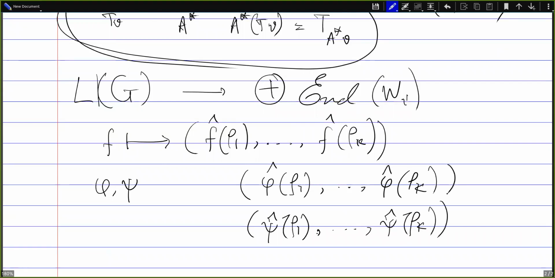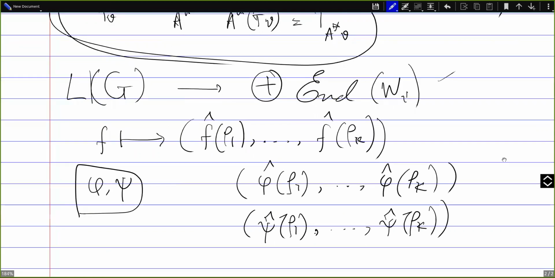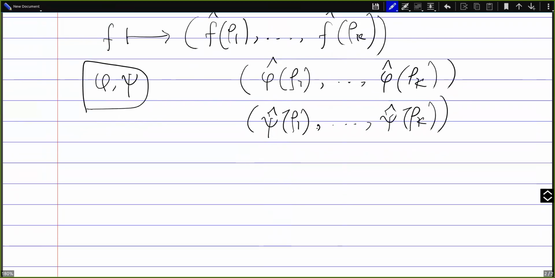These are tuples in this direct sum of endomorphism algebras. So the Plancherel theorem will now talk about inner products. What I mean is that the Plancherel formula will show how to get the inner product of phi and psi from the Fourier transform of the maps.